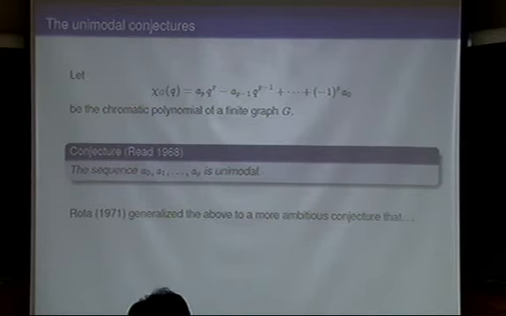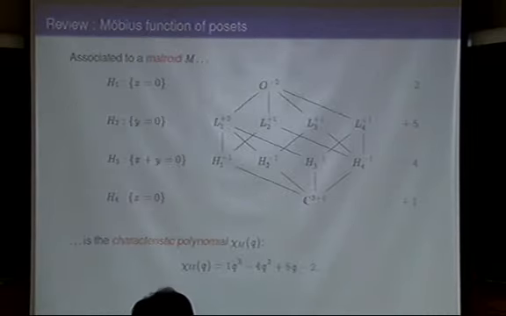And soon after that, Rota generalized this conjecture in a much more general setting of matroids. So let's recall that if we have a matroid M, then there is an associated lattice of flats. In this talk, we'll think of a matroid as an arrangement of hyperplanes in some fixed vector space.